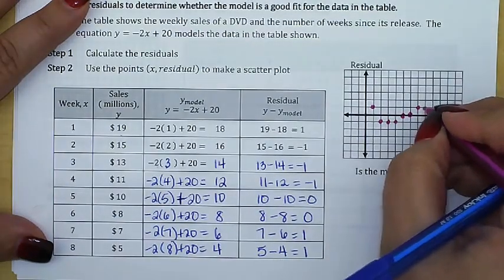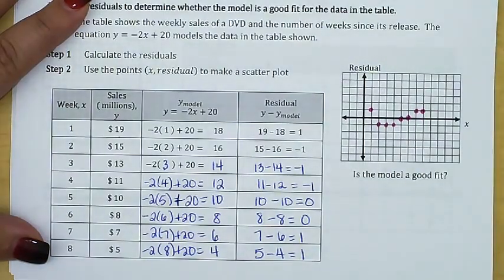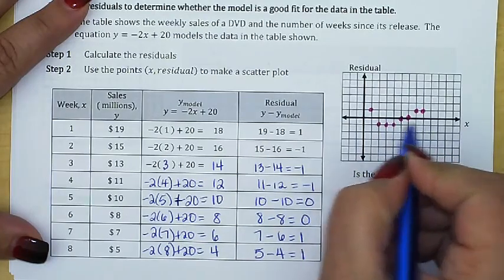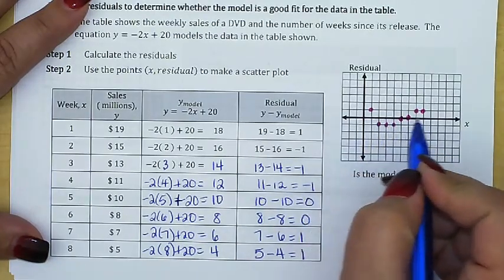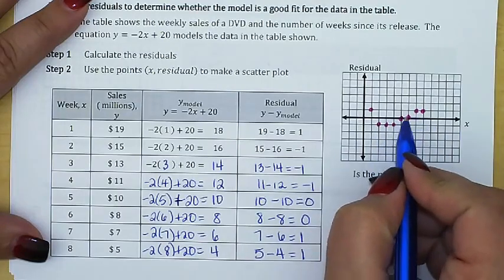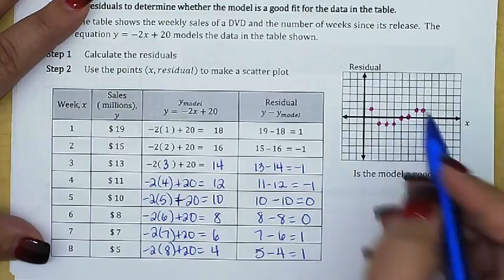Okay, so now let's analyze our residual table, or sorry, graph, right? So in our residual graph, were our points close to the x-axis? They were. Were they fairly horizontally even in display? Well, I have 3 on top, I have 3 on the bottom, and 2 right on it. That's a pretty good model, I have to say, right?